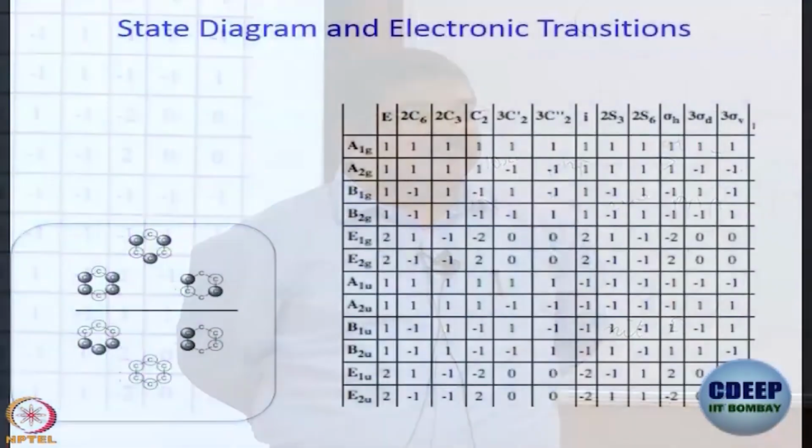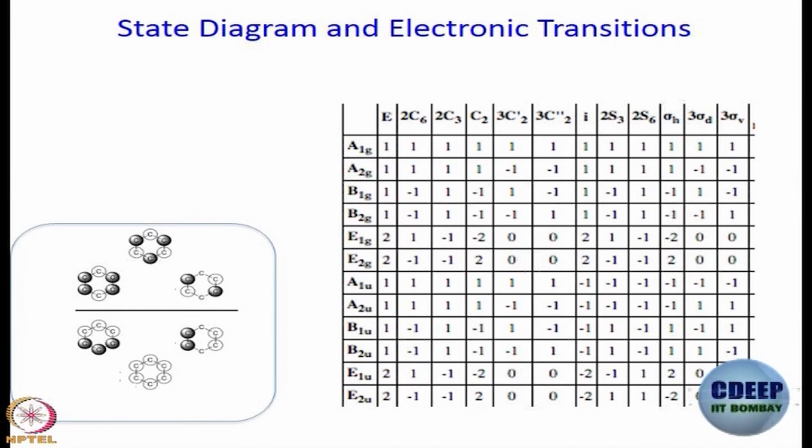What is the symmetry? What is the character for E? 1. What is the character for C6? C6 1. What is the character for C3? 1. So, this kind of rotation where there is no conversion from top to bottom of the plane, character should be 1. So, C6, C3, C2, all these 3 should be 1, alright.